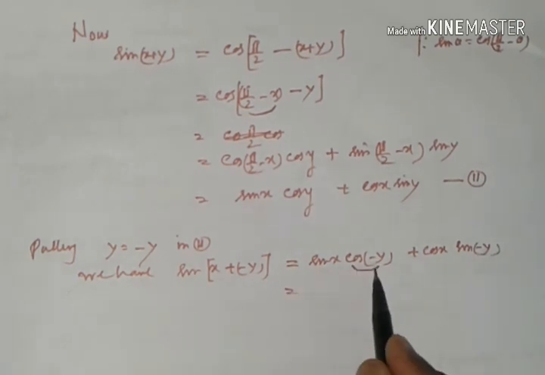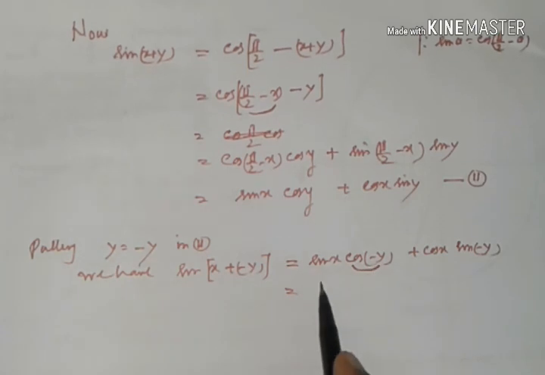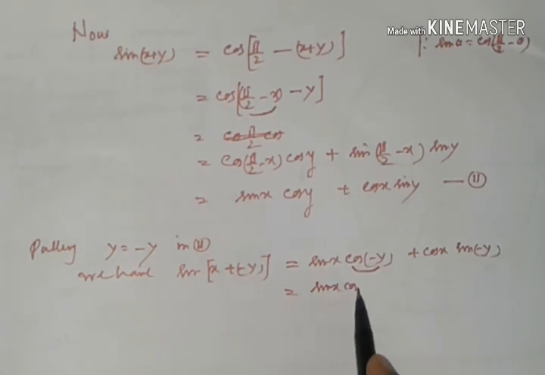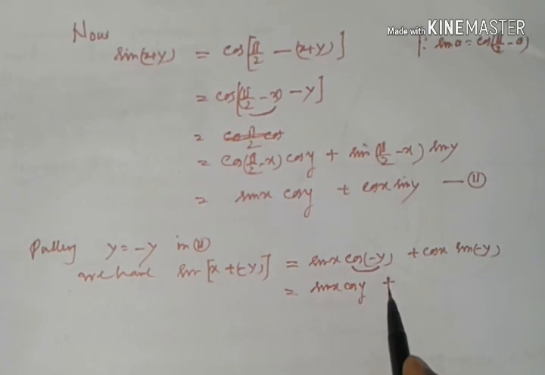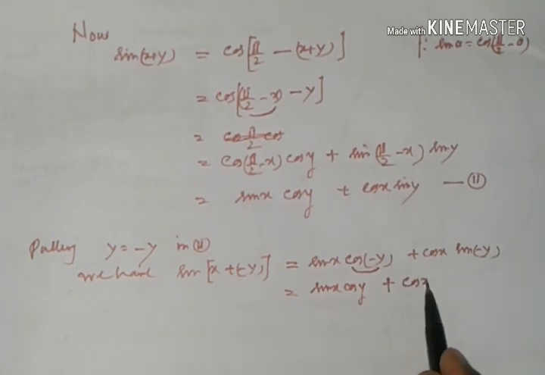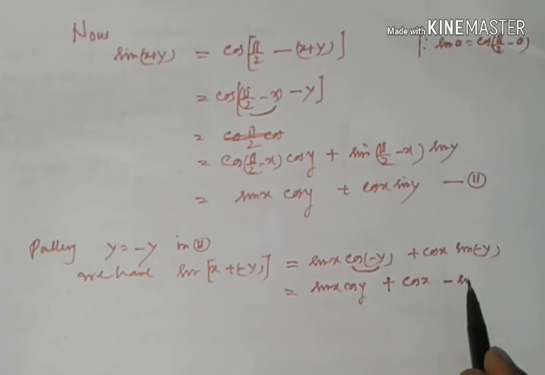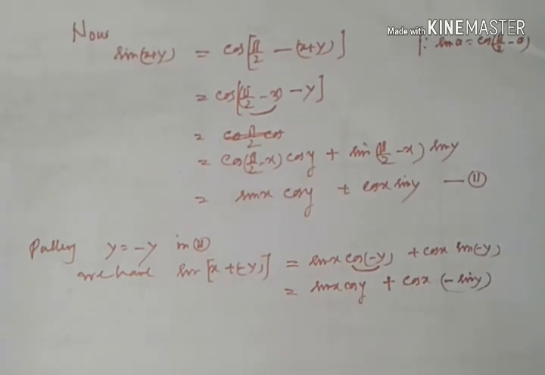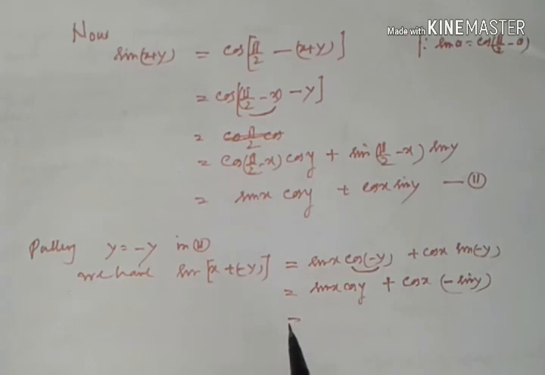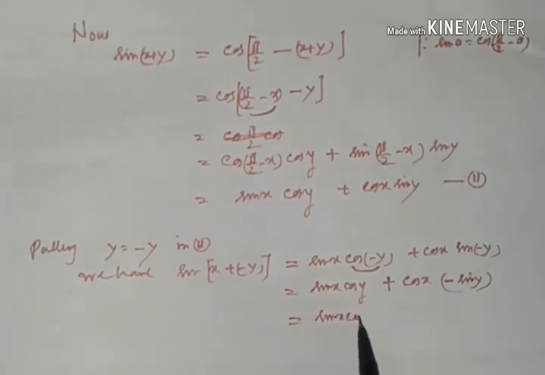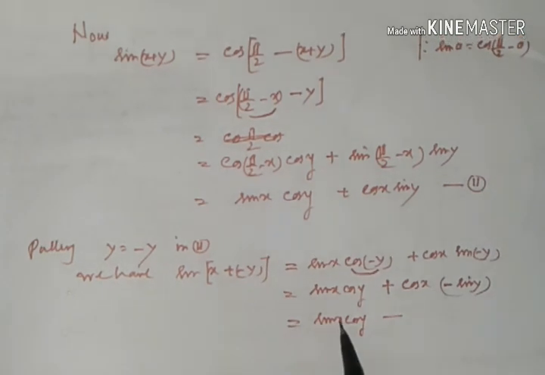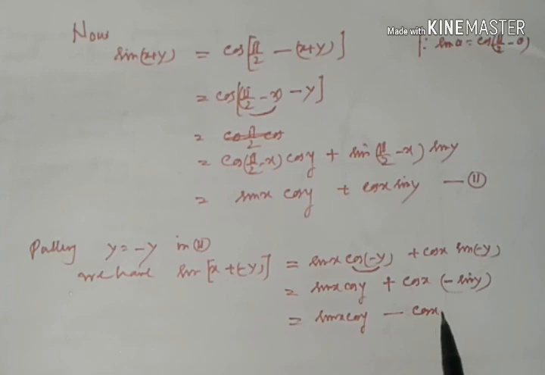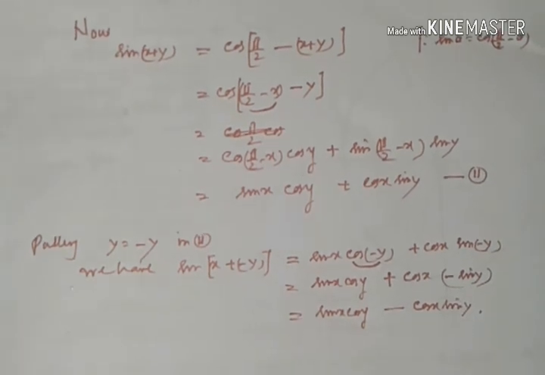Therefore cos minus y is equal to cos y, this is an even function, so sin x cos y, but this is cos x, and sin minus y is minus sin y. Therefore we write sin x cos y minus cos x sin y.